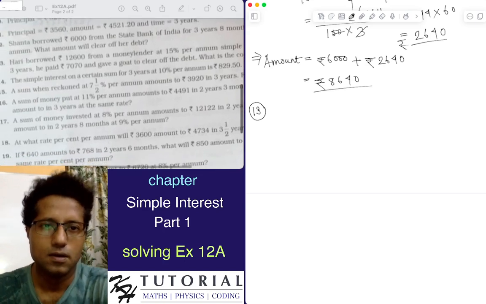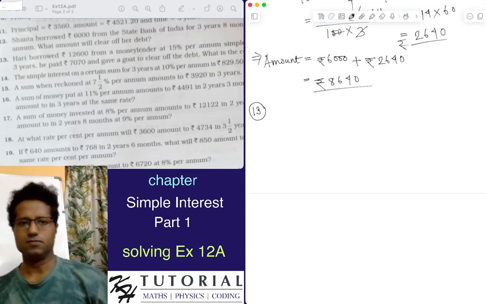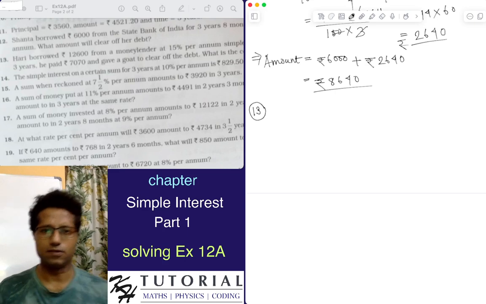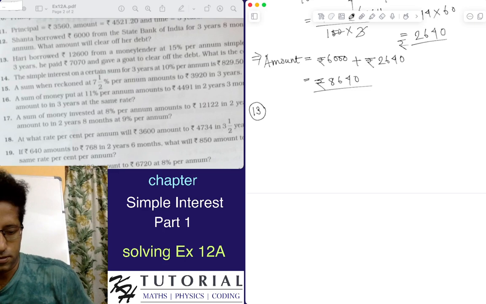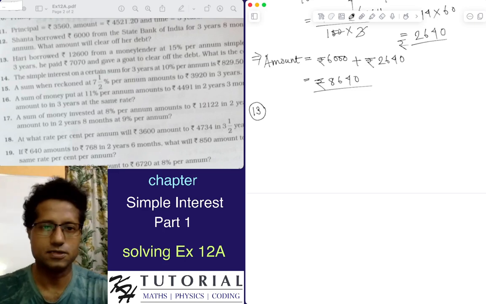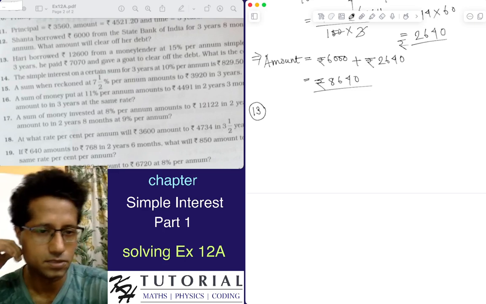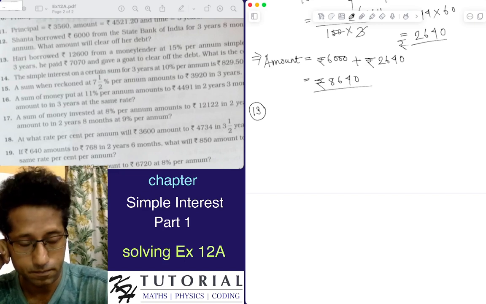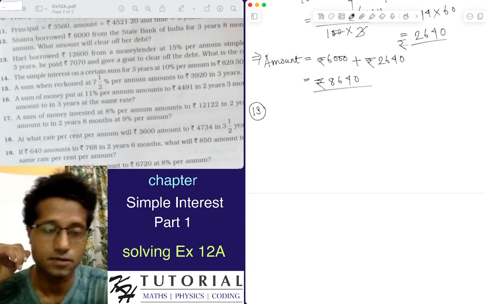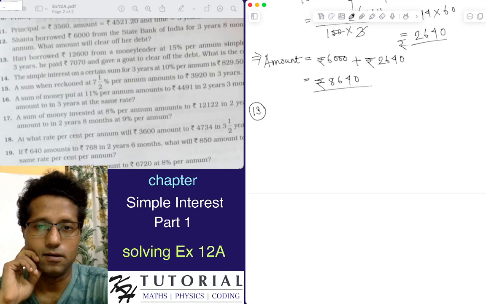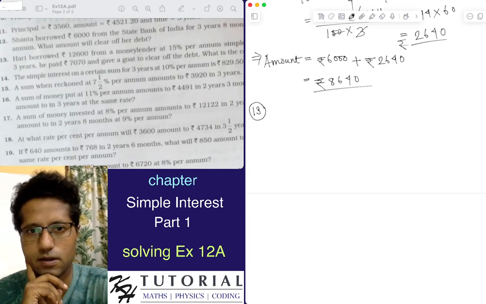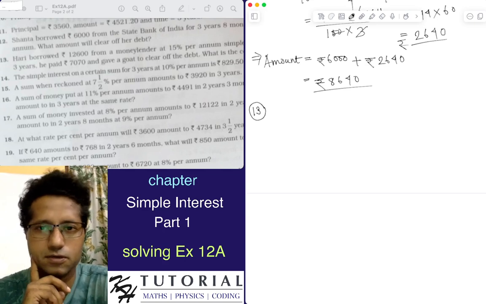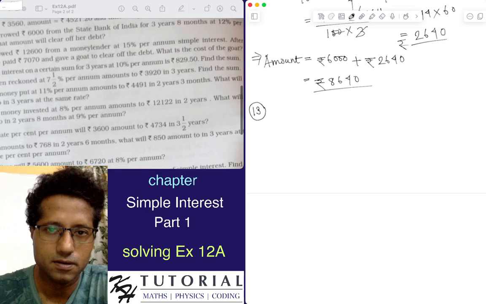Now, okay, so with these word problems, you have to understand what exactly it is trying to say. The major difficulty in solving a word problem is to understand what exact information it is giving and what it is asking. So clearly, the first information is quite straightforward. Hari borrowed rupees 12,600 from a moneylender at 15% per annum, simple interest.